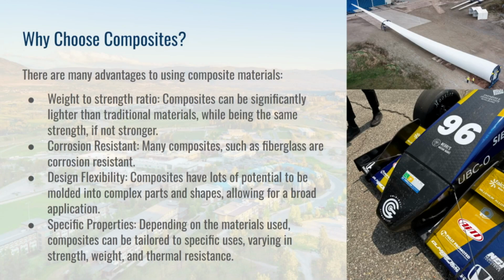Depending on the matrix you use and the reinforcement, you can alter the characteristics of it to directly apply it to whatever application you need it for. So it can be different strengths, if you're looking for strength, weight, or thermal resistance too. You can change your combination of reinforcement and then the matrix as well to make sure that those are optimized.